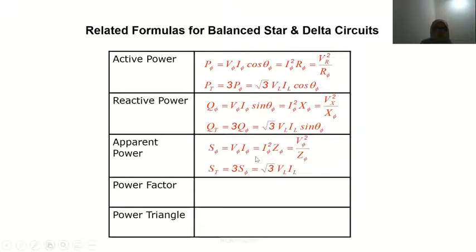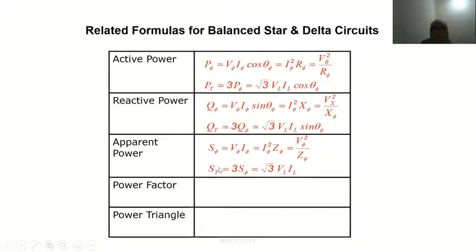For the apparent power, S phase is V phase I phase conjugate, or I squared Z phase, or equivalent to V phase squared divided by Z phase.